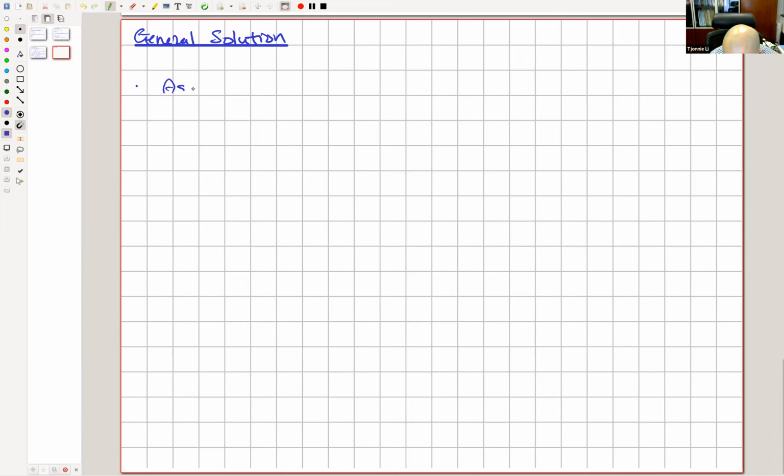Assume there is a p equals p as a function of x and y. Okay. Then, of course, the partial derivatives are given by the following.